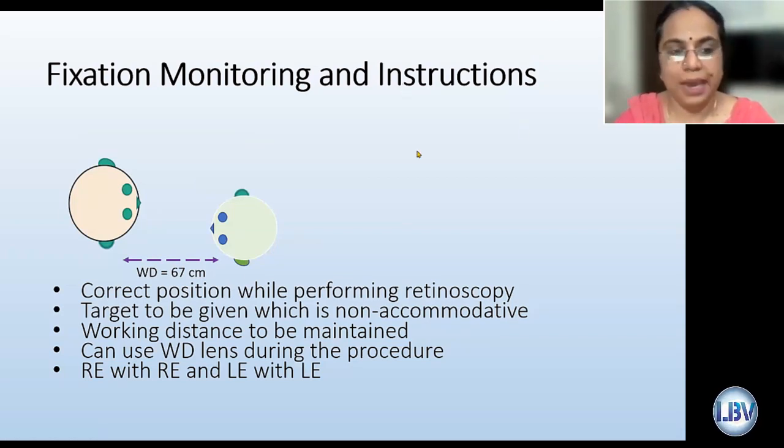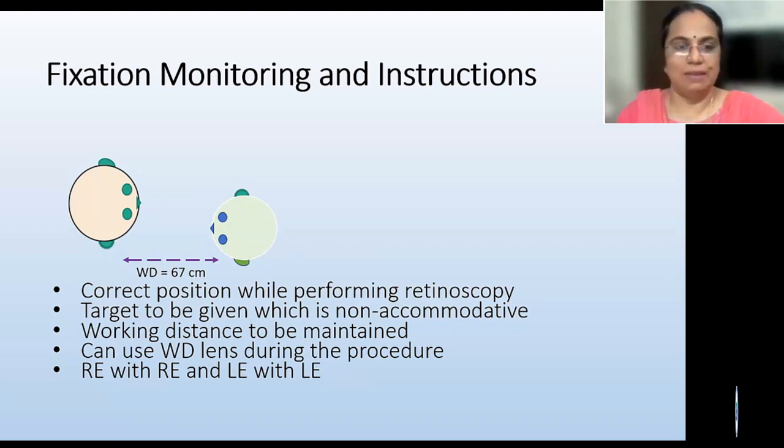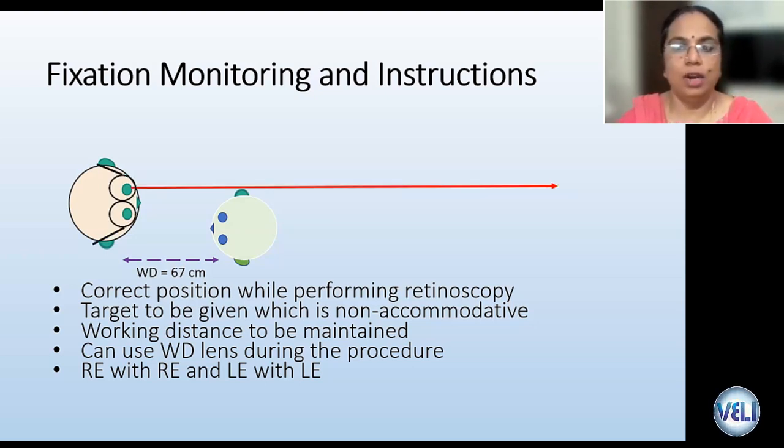Now you have to make sure that you're sitting at the correct position when you're doing retinoscopy. So I normally work at about 67 centimeters, which translates into a working distance of plus 1.5. Now the target which needs to be given should be a non-accommodative target, which is at least about 20 feet away from you.